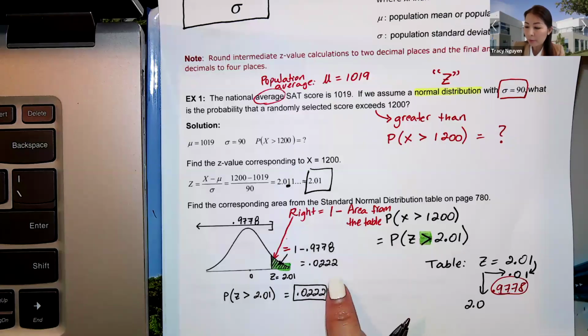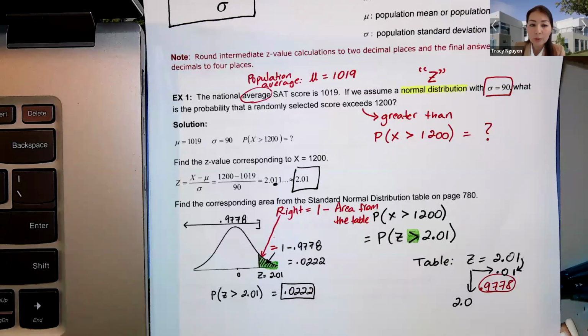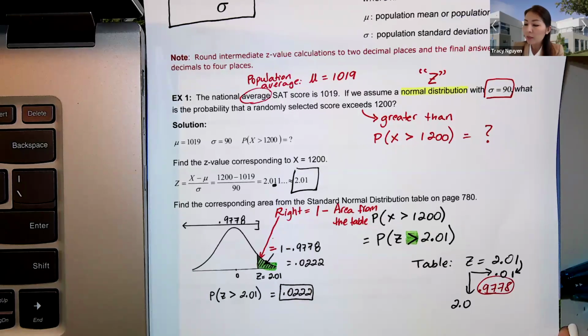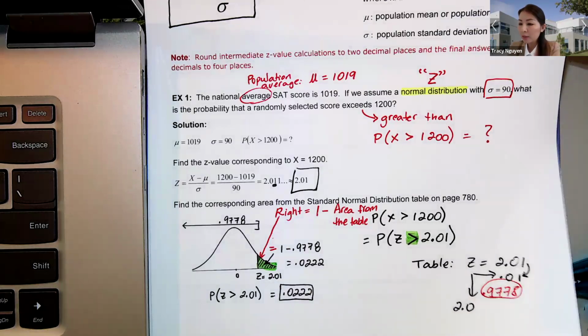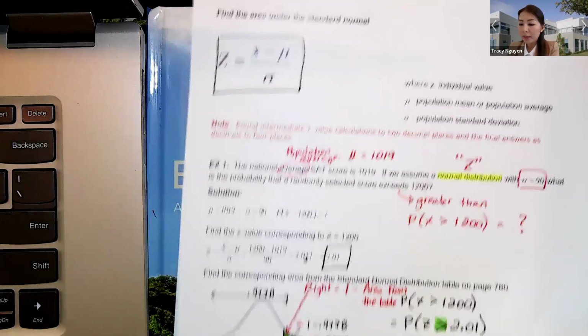So this is how we solve a normal distribution problem using a standard normal distribution table. Another way to solve this type of problem is by using a graphing calculator. So with the same problem, let me take you to the calculator page.